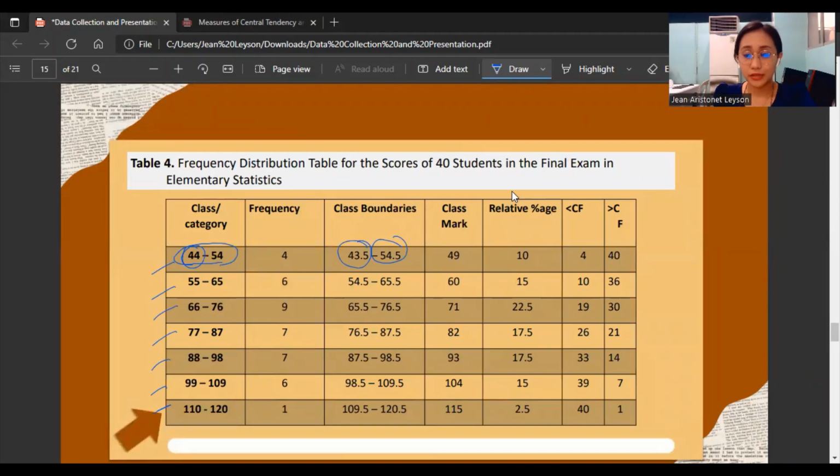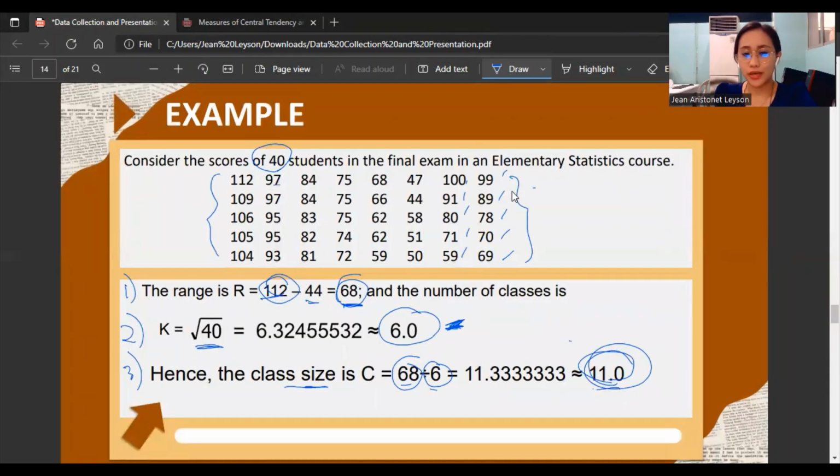That will be the same for the remaining class sizes. By the way, we started with 44 because 44 is the lowest score. For the frequency, you simply need to count how many scores belong to that certain category. For 44 to 54, there are 4 scores under that category. You can actually count or check.